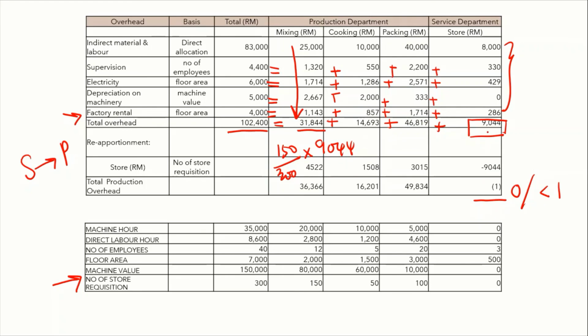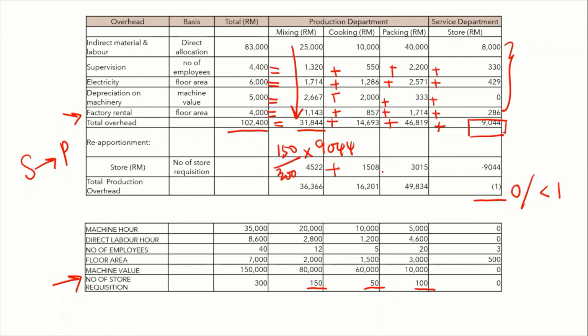So you take the total here and put it based on its use. For the number of store requisitions, each department has their own quantity. So you allocate based on their own quantity and you gain this amount.